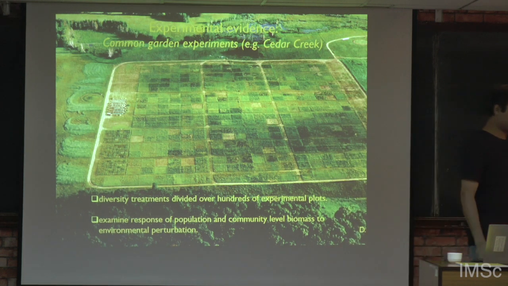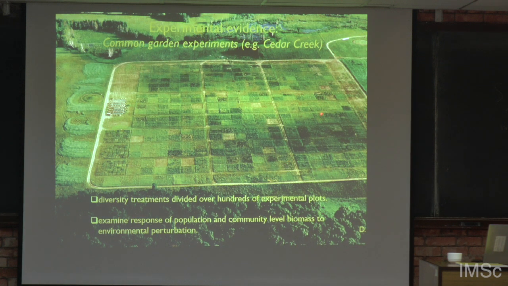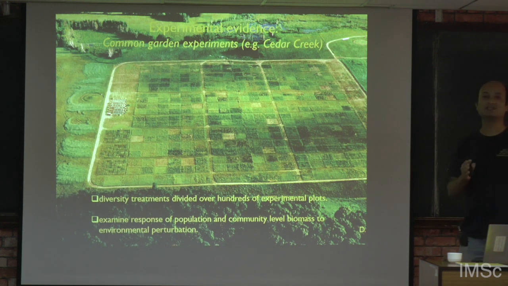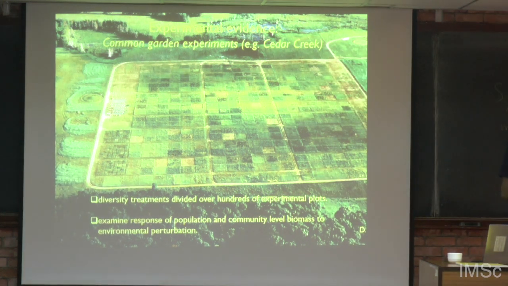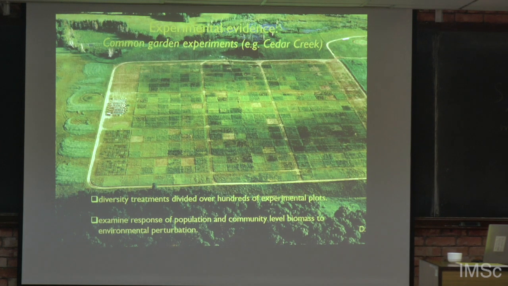So the largest scale experiment that has been carried out has been done in the Cedar Creek National Park, United States, where David Tilman's group essentially has over a couple of decades been going every year to a certain set of designated patches where they have sets of patches each having a different number of plant species in them.